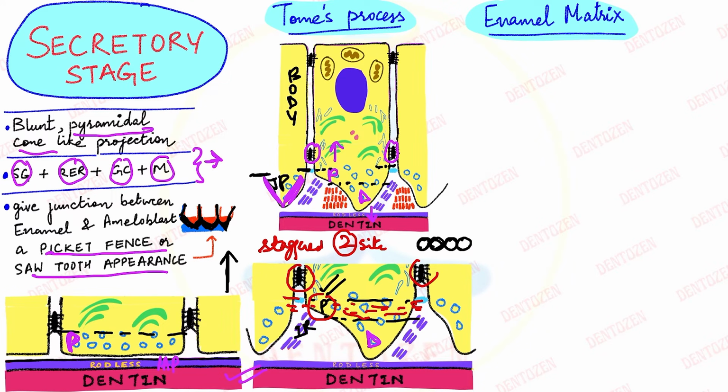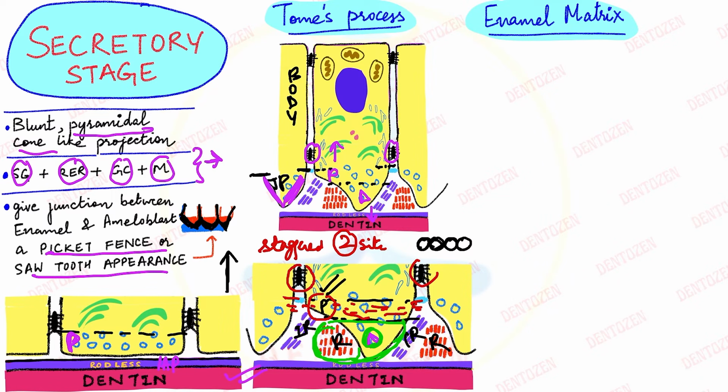And then it will create a pit. Between the two interrods, we can see a pit or a depression is created where lies the distal part of the Tomes process. Now this distal part of the Tomes process is the second side, and it will form the enamel in this pit, which is known as rod enamel.